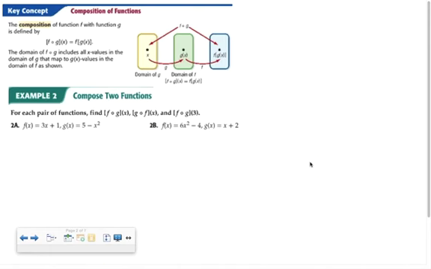From operations with functions, we move on to compositions of functions, where we're taking one function and inputting it into another. So in example 2, you see that the instructions are asking us to find the f of g of x, the g of f of x, and then find the f of g of a value.